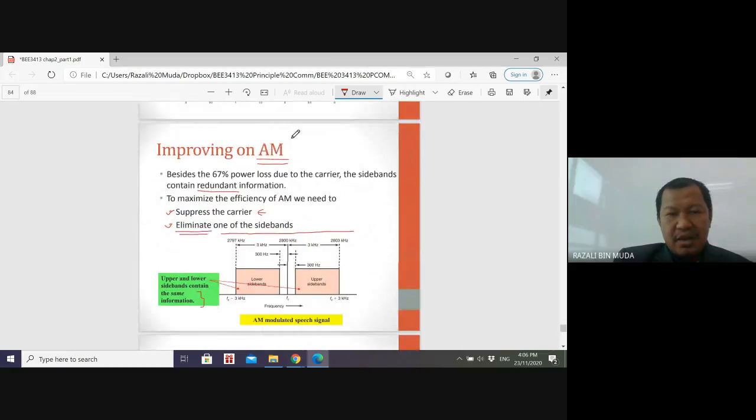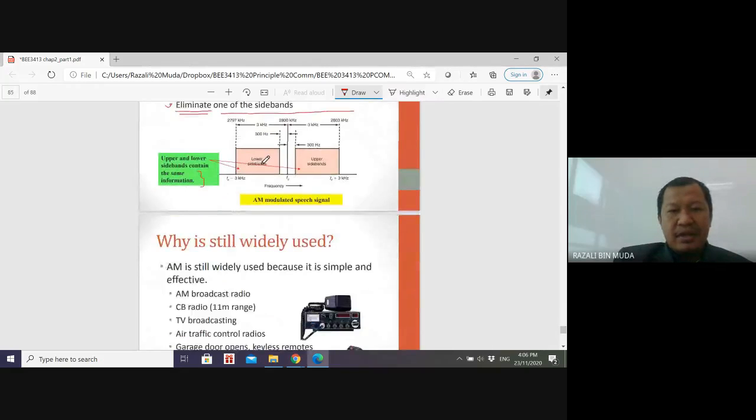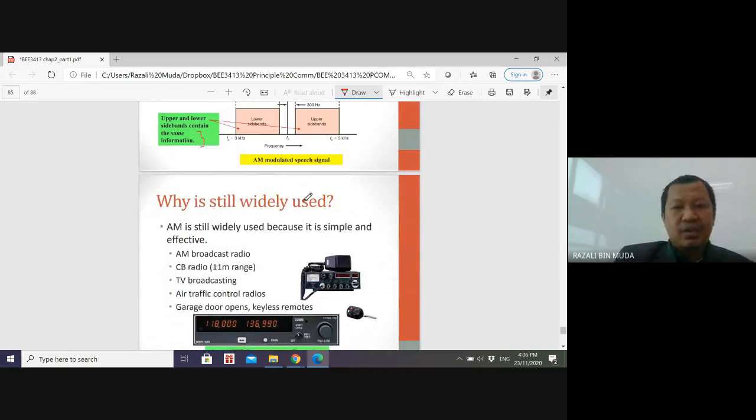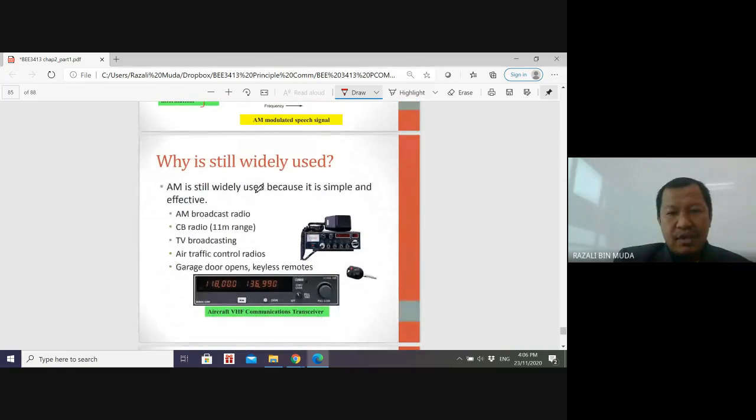So those are the disadvantages of AM modulation. But why is AM still being widely used? First, AM is still widely used because it is simple and effective.